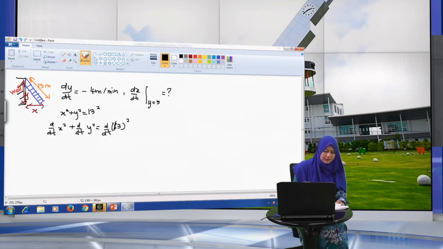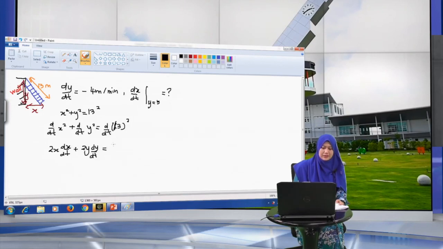Now let's find the derivative for each term. This is 2x dx/dt plus 2y dy/dt equal to 0.